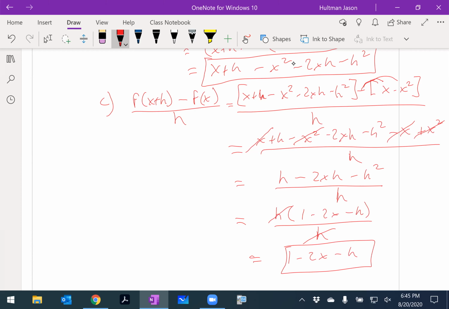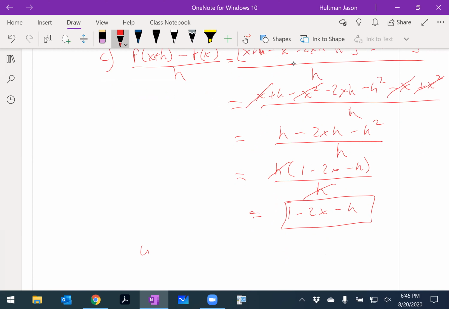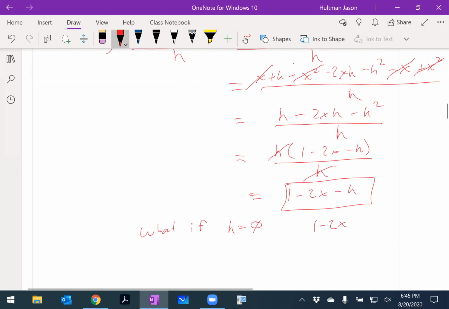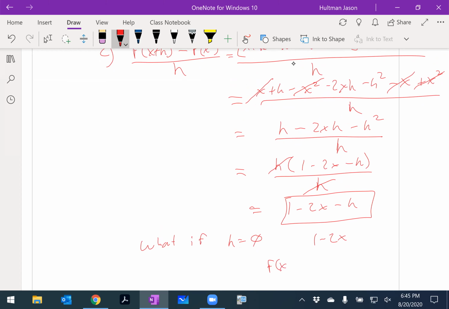What would happen if h was equal to 0? Then we get 1 minus 2x. What was the original function? Well, the original function, f of x, was x minus x squared.